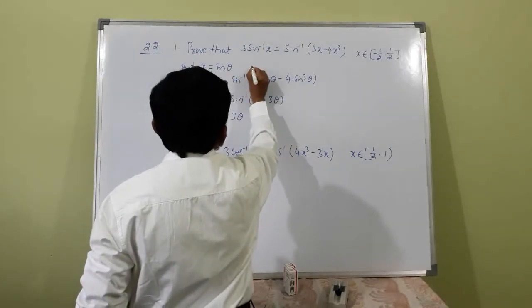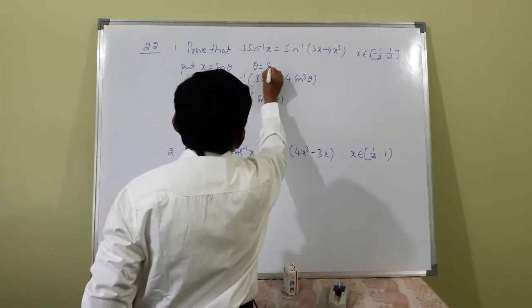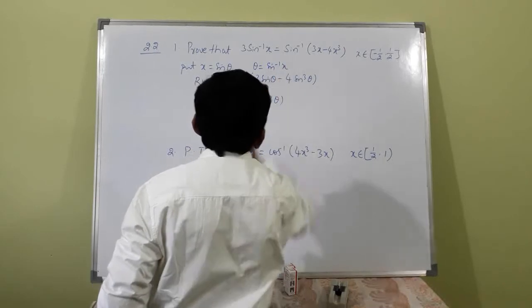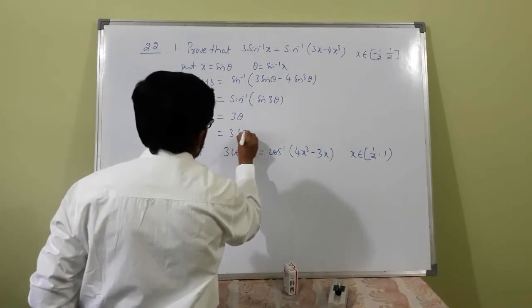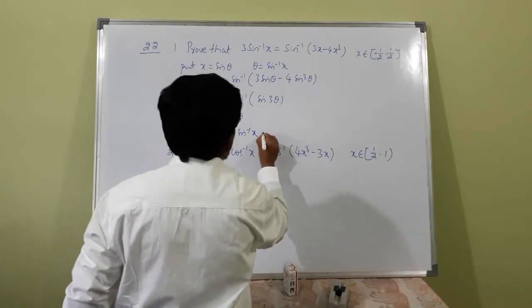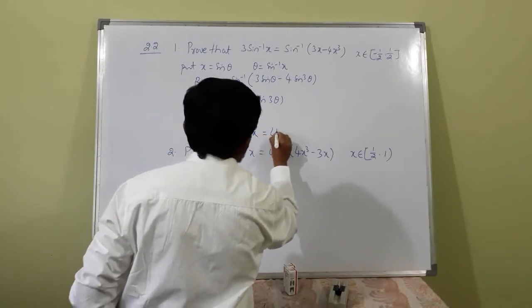Since x is equal to sin theta means theta is equal to sin inverse of x, that is 3 sin inverse x. This is your LHS.